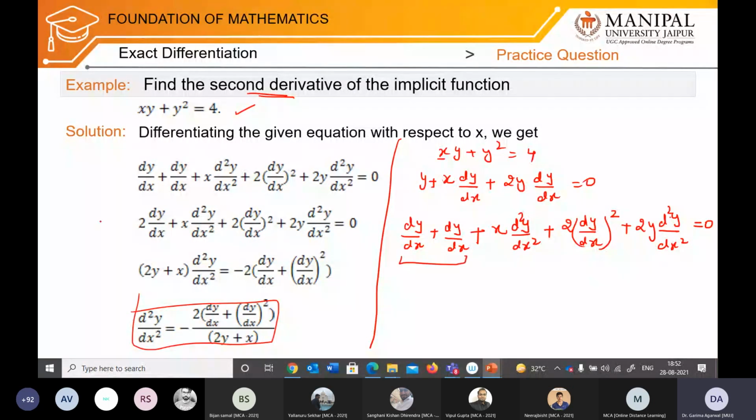So by adding these terms, we get 2 dy by dx, plus x d2y by dx2, plus dy by dx whole square, plus 2y d2y by dx2 equals 0.